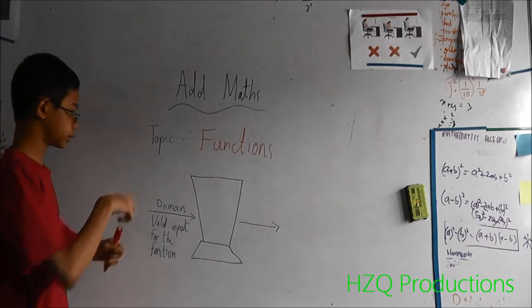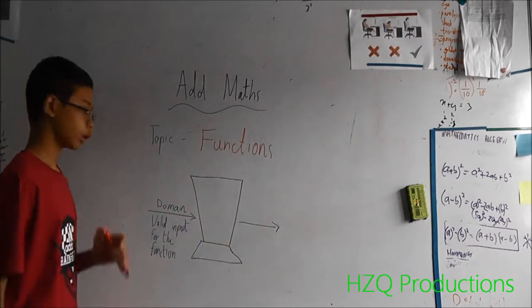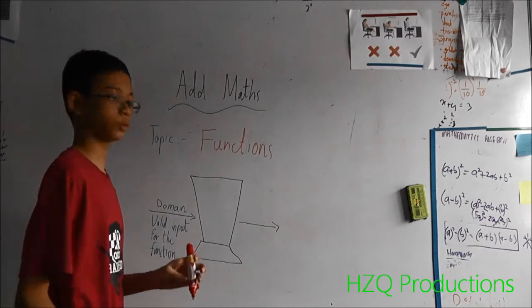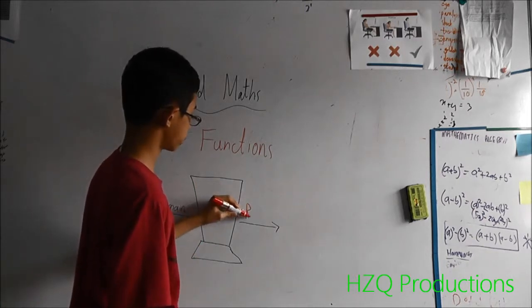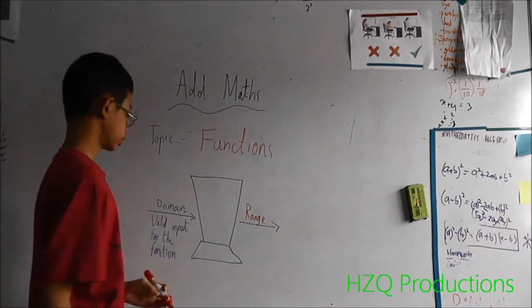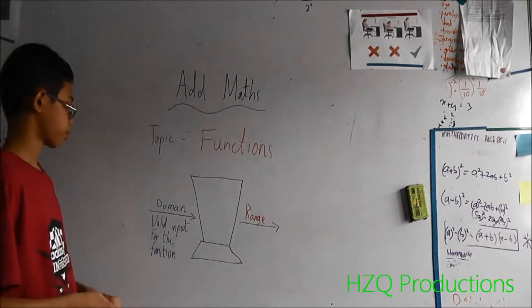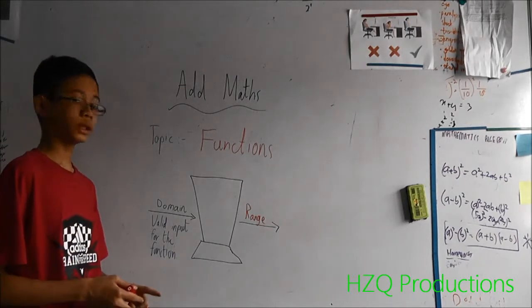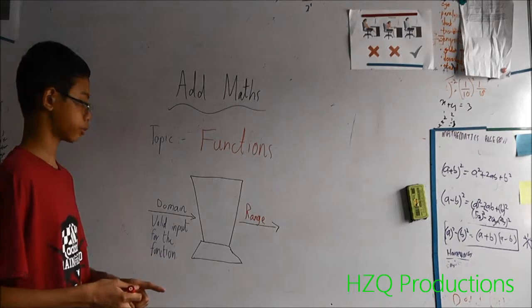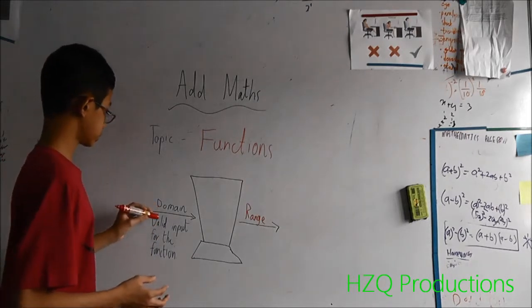But after this fruit has been processed in the juicer, what will come out? A juice, right? And it's called the range. What is a range? Basically, it's an image of something, an image of that object from the domain.